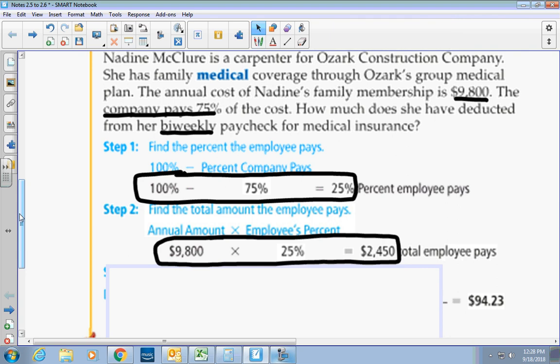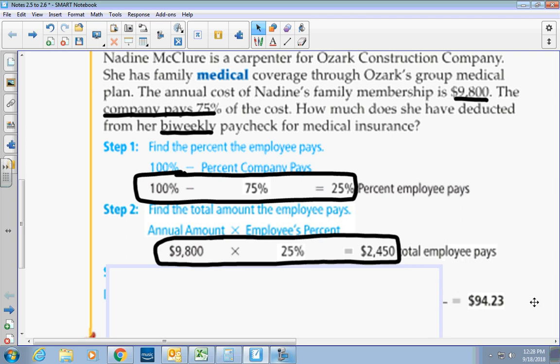Now, when I go to do problems like this, sometimes I get rushing, and I'll go 2,450, and I'll move on to the next problem. But the question isn't asking how much per year the employee is paying. It's asking how much per pay from her paycheck. So per pay period.